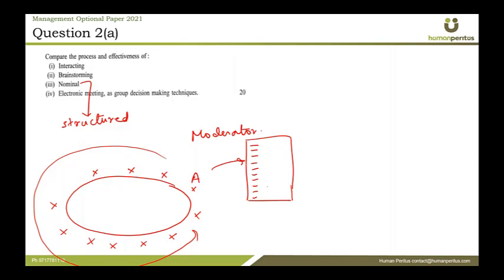Now let's talk about effectiveness. This particular mode is a little more effective than brainstorming. Why? One of the drawbacks of a brainstorming session is, let's say there are 10 people in the session. Out of those 10 people, there are 4 people with a very dominant personality. You know, we have all sorts of personalities in a work setting.